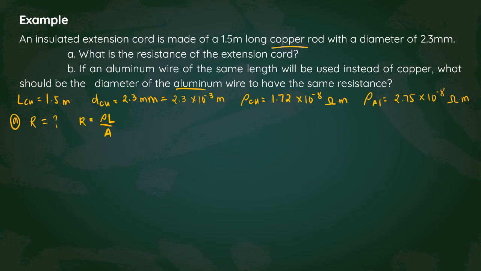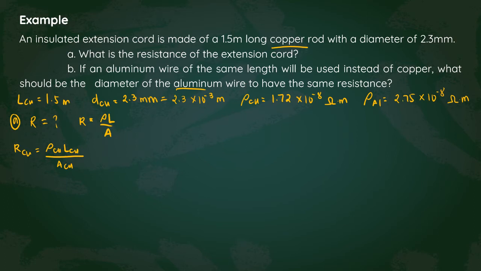Since this will be the resistance of the copper rod, we need to use the resistivity of the copper times the length of the copper divided by the cross-sectional area of the copper.